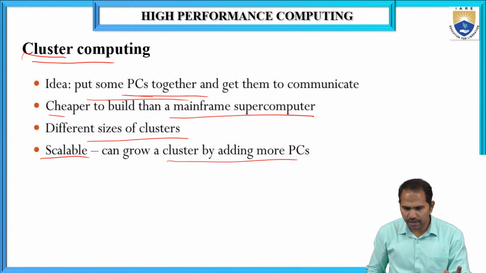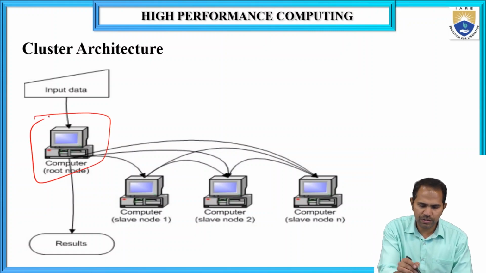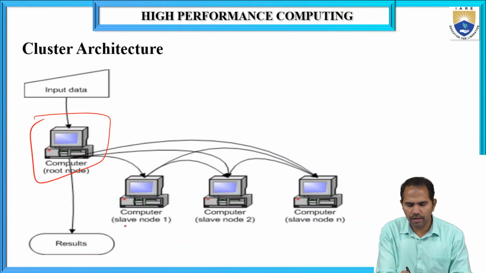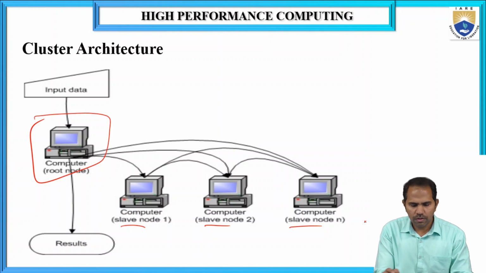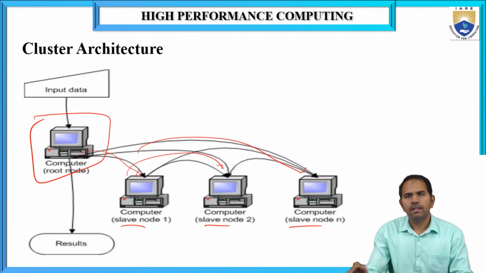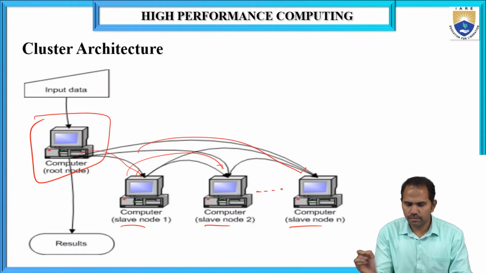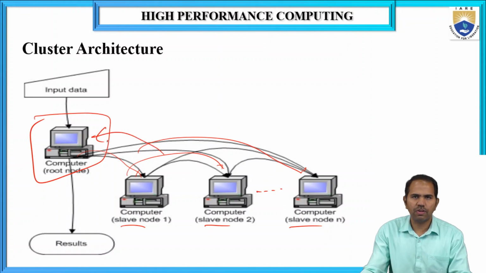Now see it diagrammatically. The input data is given to one system, the root node. The root node shares the data with different slave nodes, a number of slave nodes. These slave nodes process it and send the results back to the master.